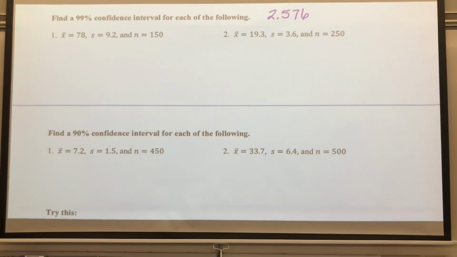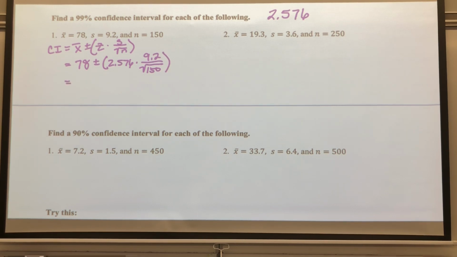All right, so again, confidence interval equals X bar plus or minus Z times S over root N. So this equals 78 plus or minus Z, which is 2.576, times S over the square root of 150. So this turns out to be 78 plus or minus 1.935.